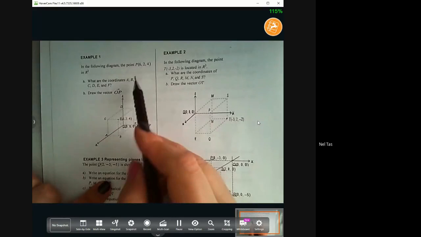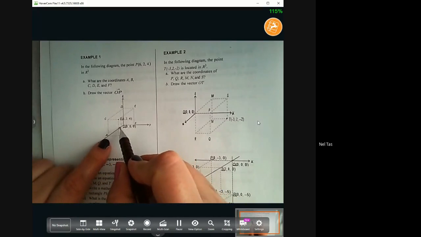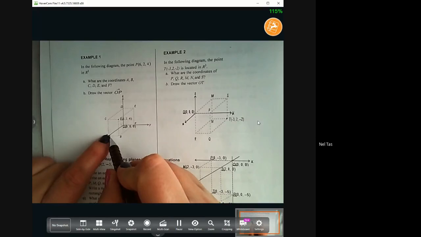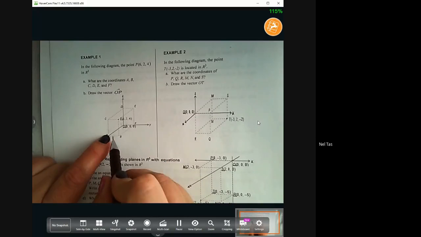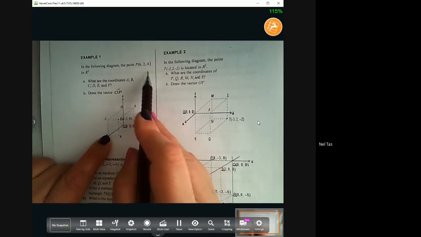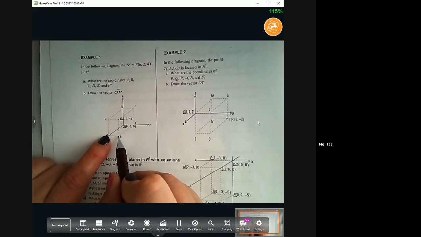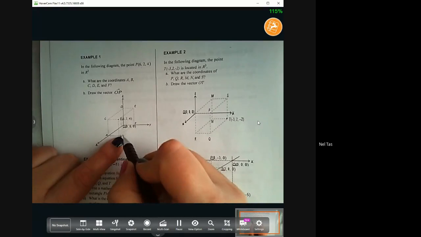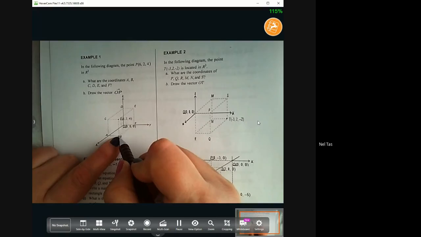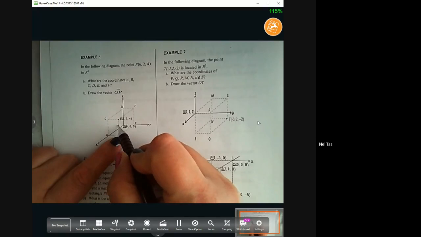So this point, how it is drawn: you go 6 units on the x-axis, then you go 2 units parallel to the y-axis, and then you go 4 units parallel to the z-axis.